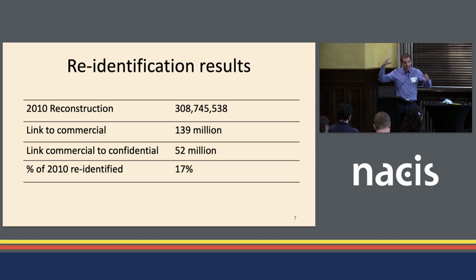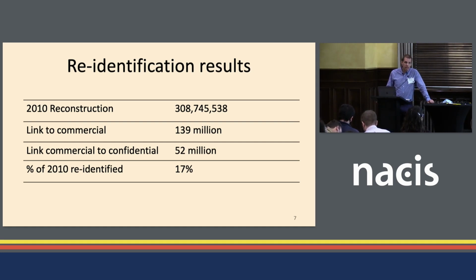So they were able to take counts by block and make individual people, and they would assign an age, a sex, a race, a Hispanic ethnicity to each of those individuals. And they knew the block where that person lived. They then linked those 308 million records onto some commercial data that they had purchased to support the operations of the 2010 census.